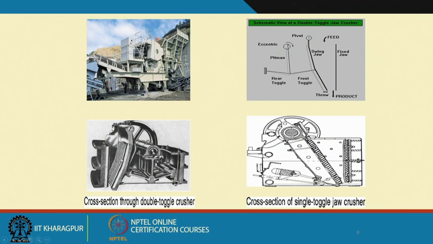These are generally very hard surfaces, because the surfaces through which the material is broken have to be much harder than the particle you are trying to break. Otherwise, the surface will be worn out, and that may contaminate your particle also, and it may damage your crusher.